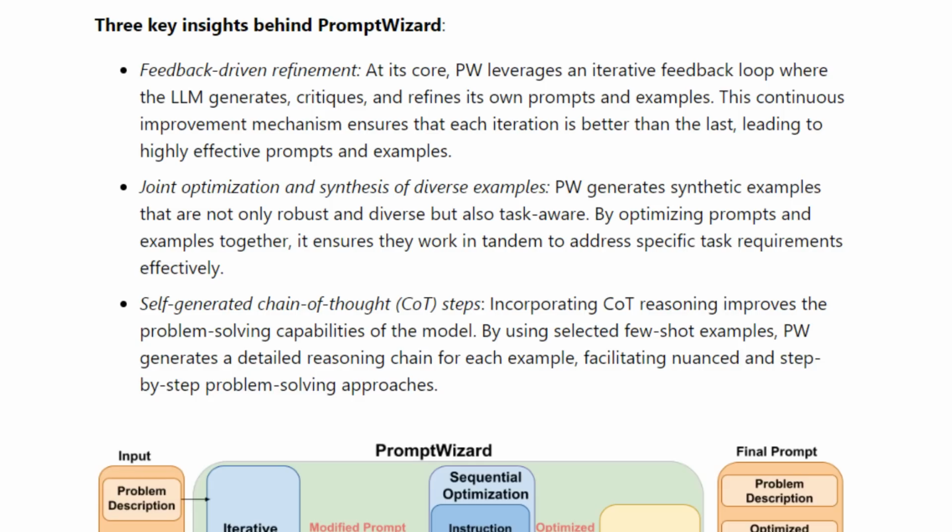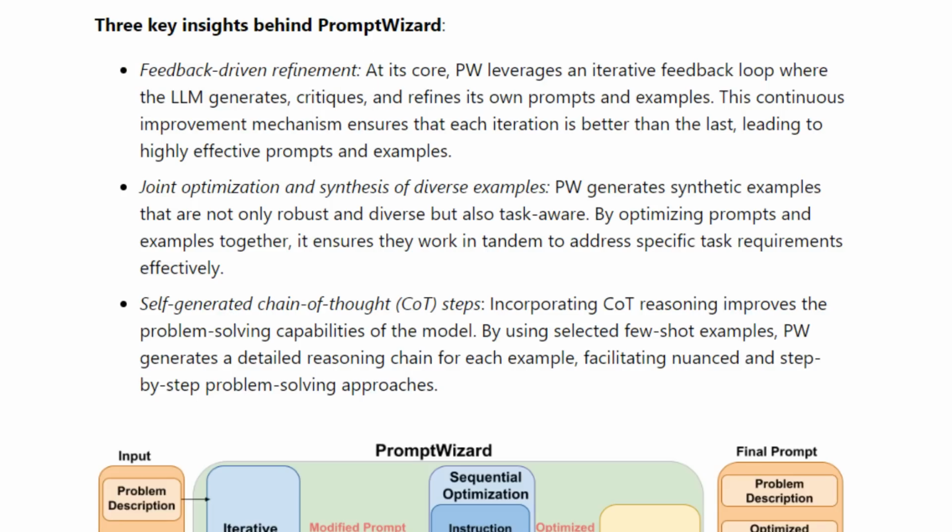So they talk about three key insights in here. The first being feedback-driven refinement. So PromptWizard leverages an iterative feedback loop where the LLM generates critiques and refines its own prompts and examples. This is at the simplest level.